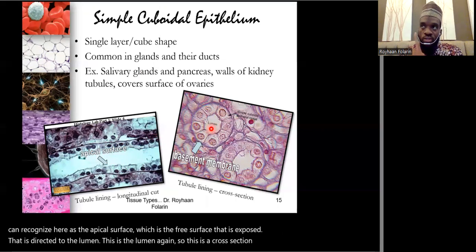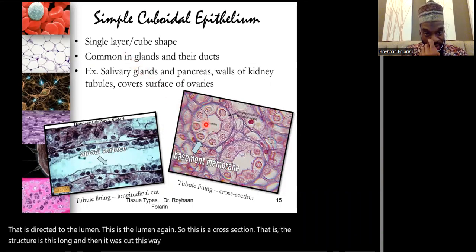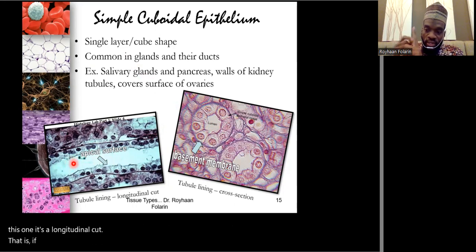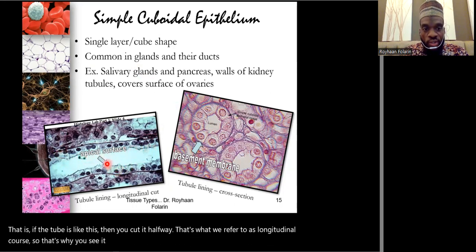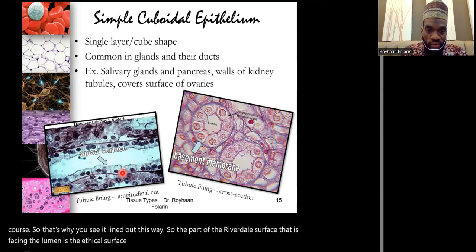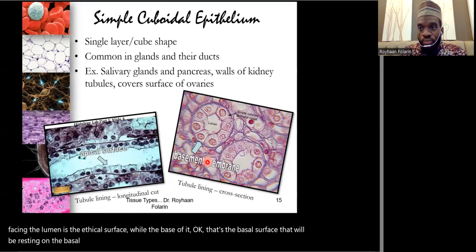So this is a cross section. That is, the structure is this long and then it was cut this way. That's what you have in this picture, while for this one, it's a longitudinal cut. That is, if the tube is like this, then you cut it halfway. That's why you see it lined out this way. The part of the cuboidal surface facing the lumen is the apical surface, while the base of it is the basal surface that rests on the basement membrane.